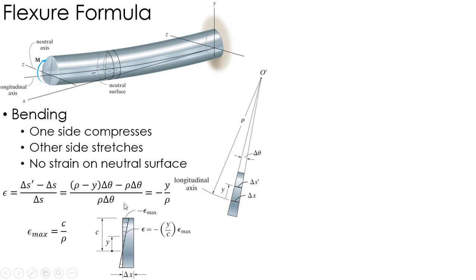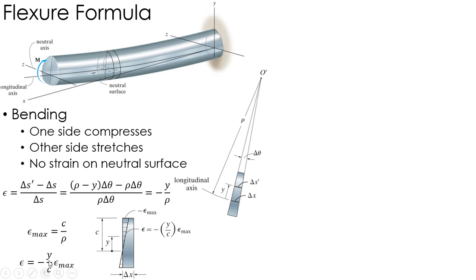Okay. Now, comparing that to what my maximums would be, so again, my neutral axis where there's no strain, my strain increases linearly as y increases up to a maximum, which is, again, some point c away, and that's basically the furthest distance away from the neutral axis you can get. Okay, so my maximum strain is that c over rho.